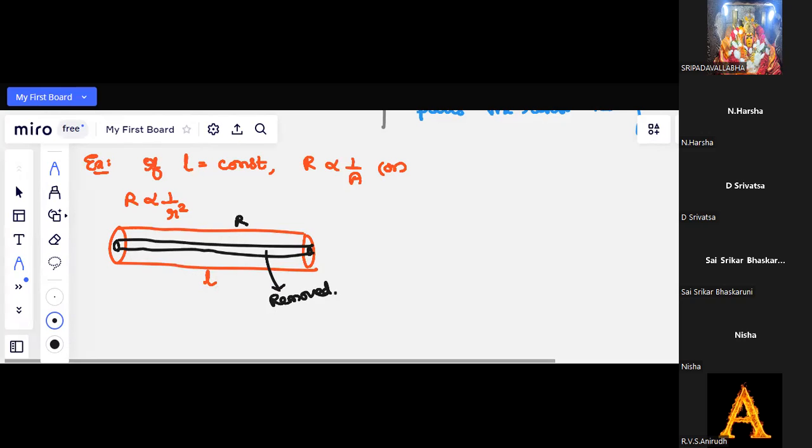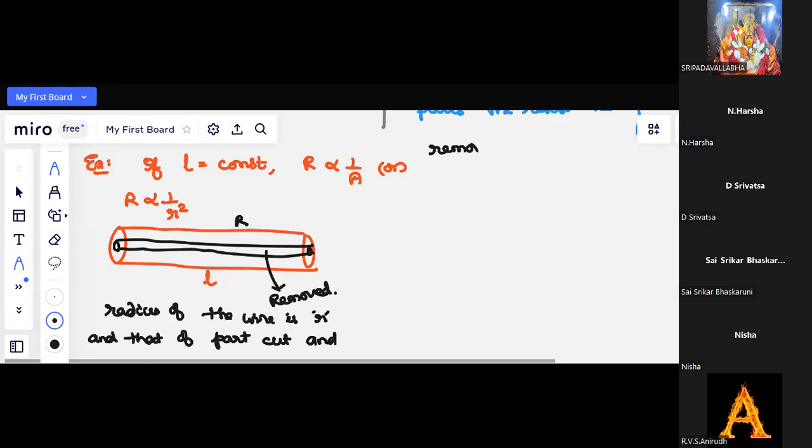The radius of the wire is R, and that of the part cut and removed is R by 2.